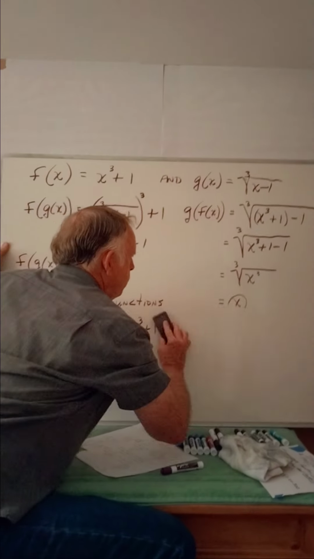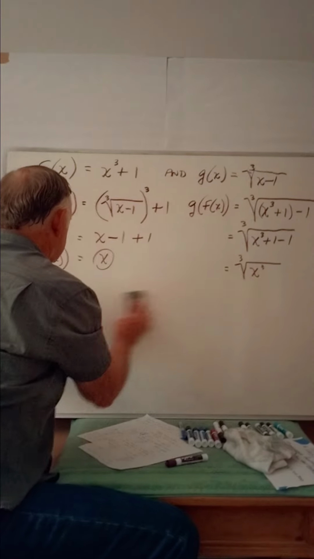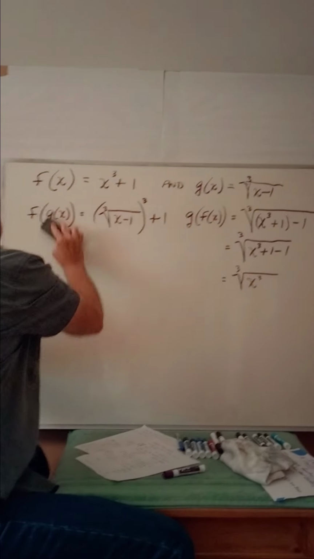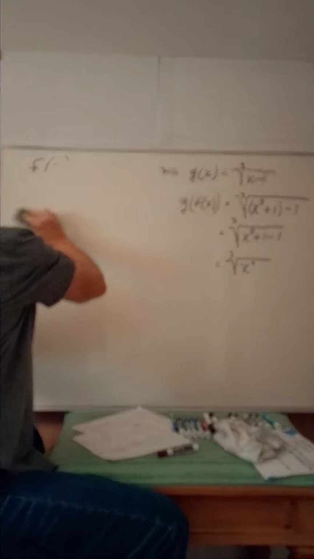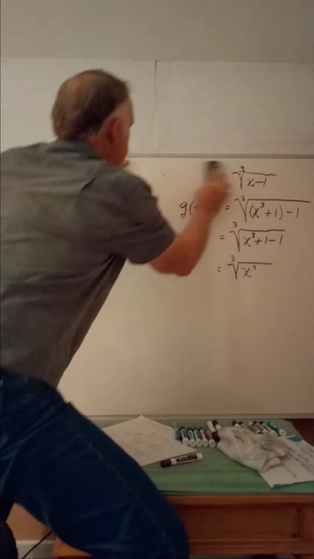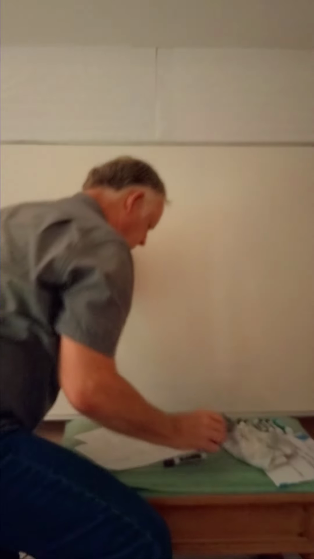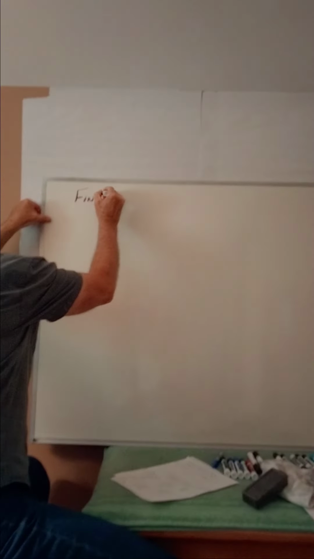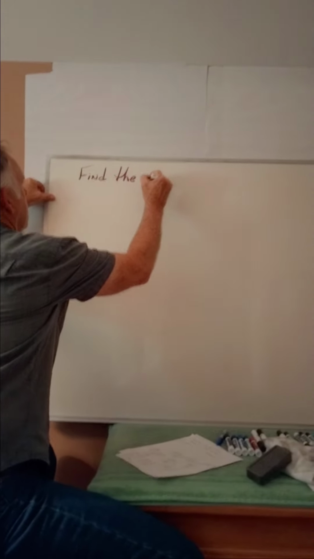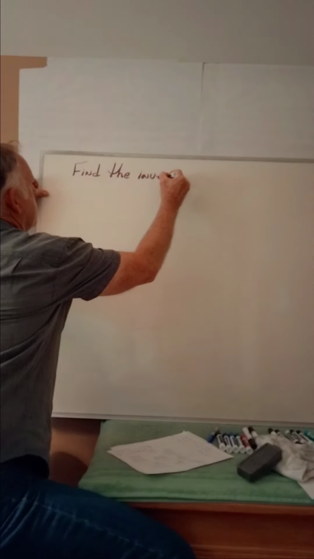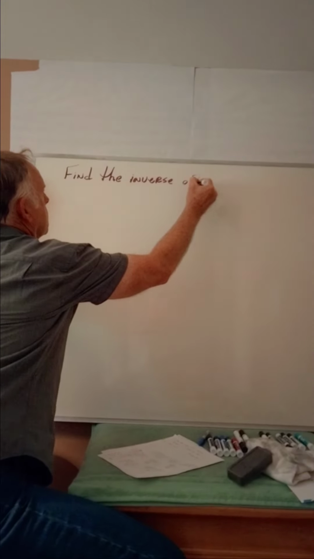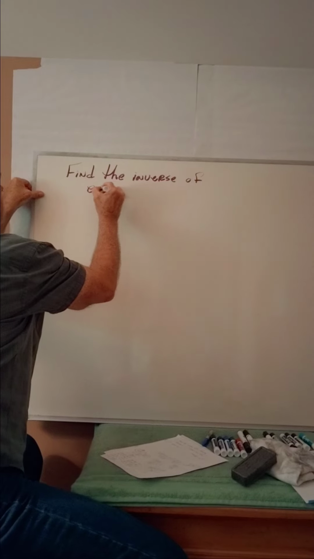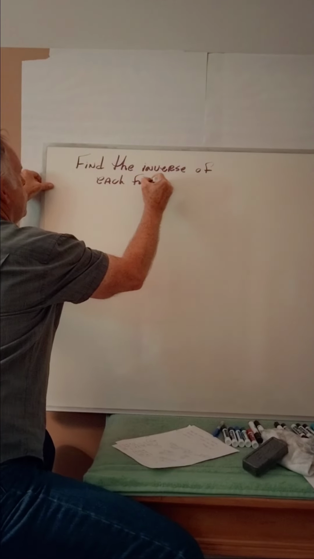Now there's one final piece to this that we want to look at. In this next little section, you're going to be given a function, and we're going to find the inverse of each of these functions.